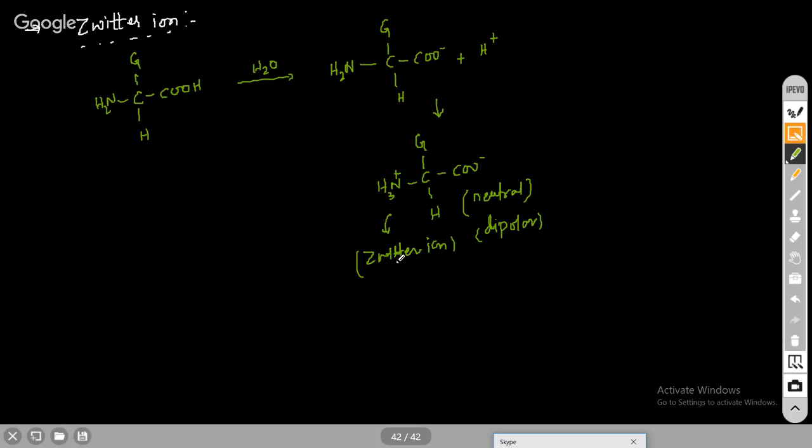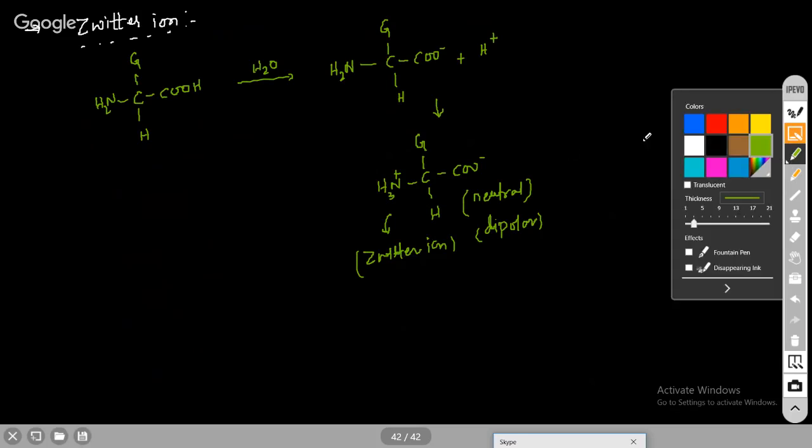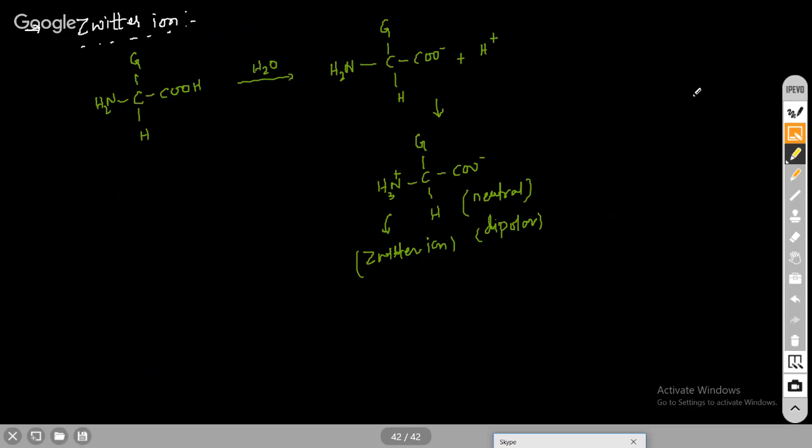Now, what happens if this deuterion is kept in a basic solution? Basic solution means we have OH minus concentration there, and pH will be high comparatively.